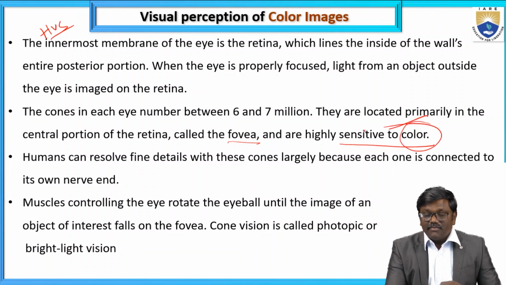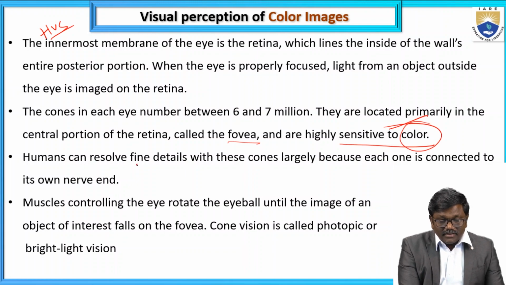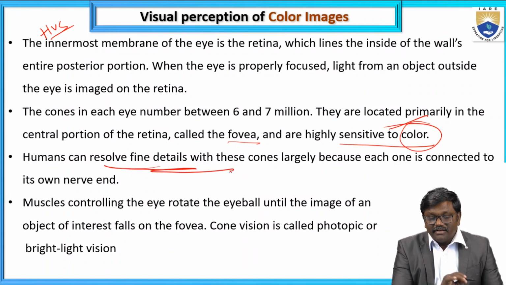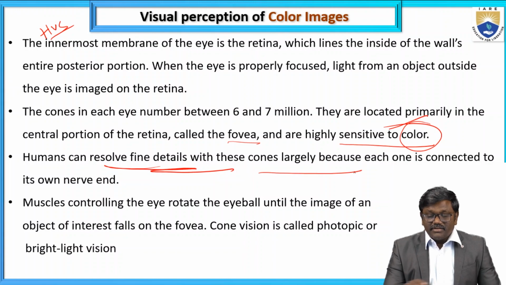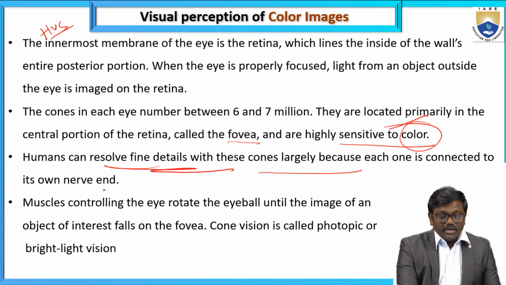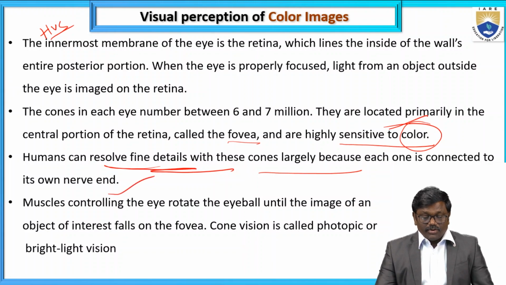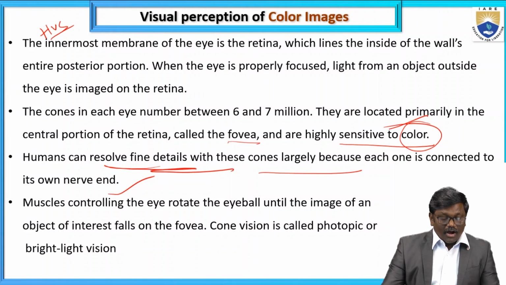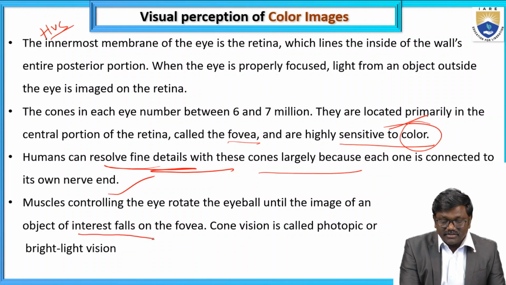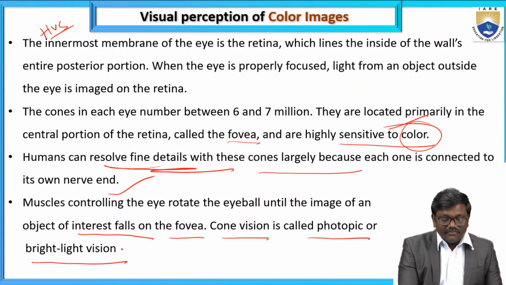So this is the color we are concentrating on: humans can resolve fine details with these cones largely because each one is connected to its own nerve end. The muscles controlling the eye rotate the eyeball until the image of an object of interest falls on the fovea. Cone vision is called photopic or bright light vision.